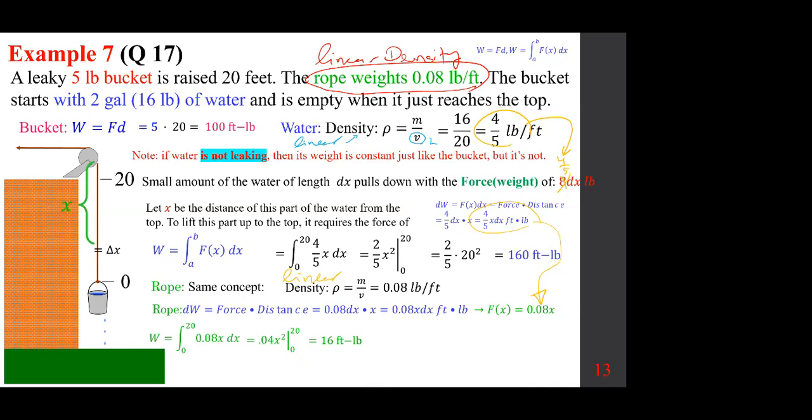You must add up this one, this one, and this one. They add up to the total. And as always, pay attention to the units, everybody. Pay attention to the units, okay?